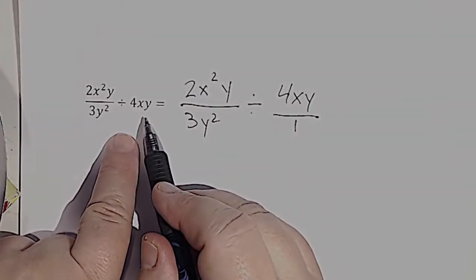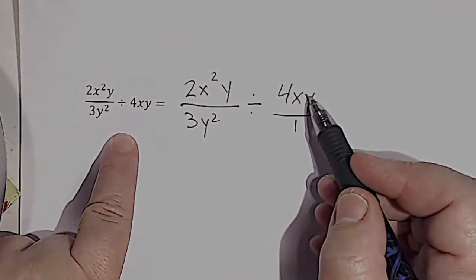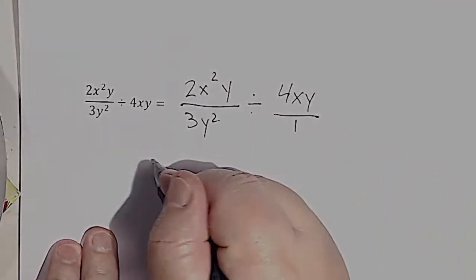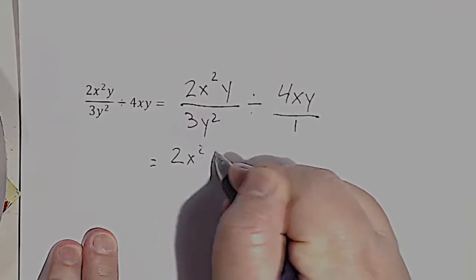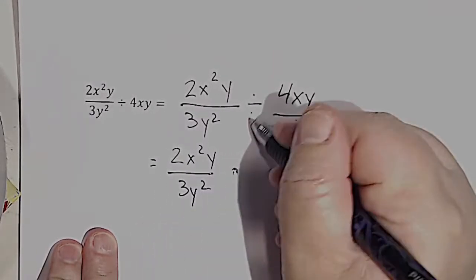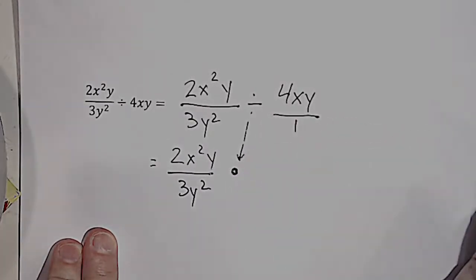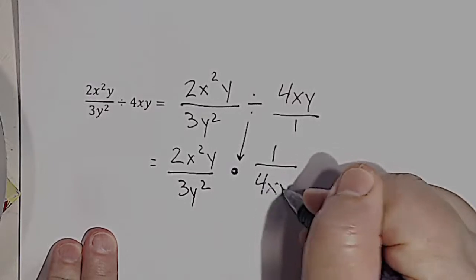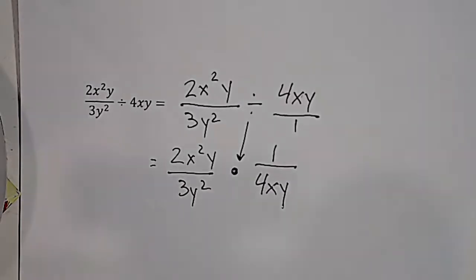Do you see that? I took the 4xy and I wrote it in fractional form. Now I can change it. The first fraction, the first one to get there, stays the same. I changed the division to a multiplication, and I flipped the second fraction upside down. So far, so good?